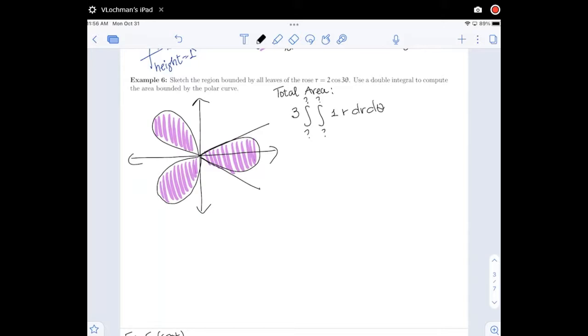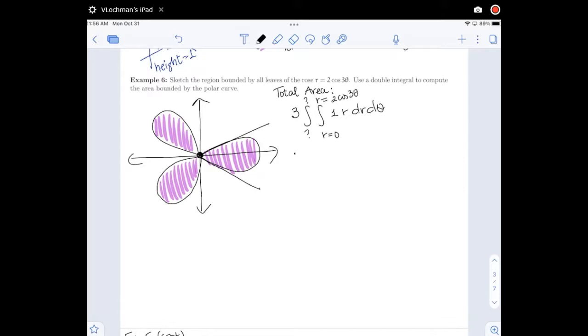Okay, well, for r, it's pretty straightforward. We're going to go from 0 to whatever that function is, right? So in our case, our curve is 2 cosine 3 theta. So over here, we would say r is going from 0 to 2 cosine 3 theta. What about the angles? Well, you could ask this question: where does this cross the origin, right? For which angles does our curve do that?